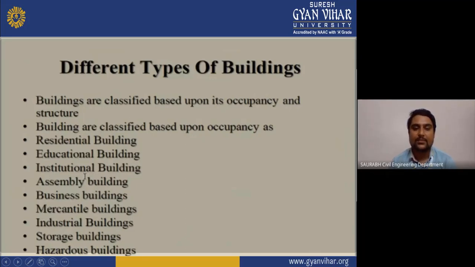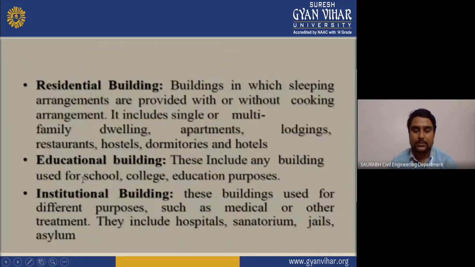Buildings are classified based upon the occupancy as residential building, educational building, institutional building, assembly building, business building, mercantile building, industrial building, storage building, and hazardous building. So, one by one, we will see what is the meaning of these types of building.